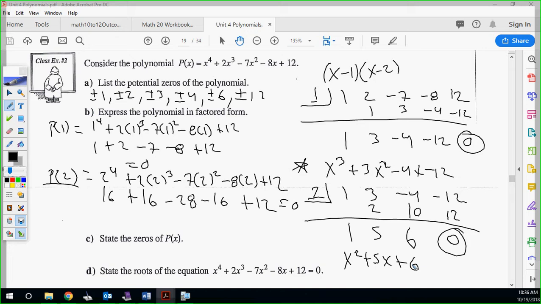So that means we are here. So state the zeros. Our zeros are 1, -2, -3, and -2. Oh, I'm sorry, positive 2. So I can put plus or minus 2. 1, plus or minus 2, and -3 are your zeros.